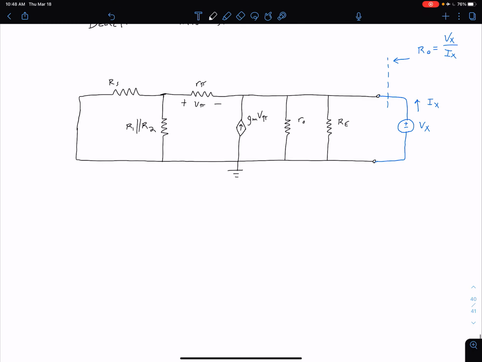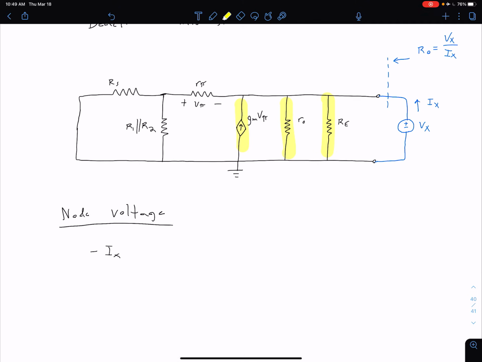So we can start by doing a node voltage equation. Essentially this is just KCL. We're looking at this top node, and we're going to sum all of our currents. Doing that, we have a negative Ix coming in from that test source, and then we're going to have Vx across each of these three branches.